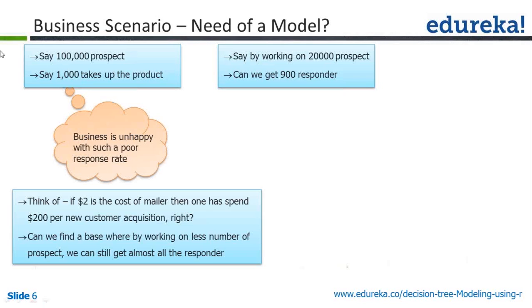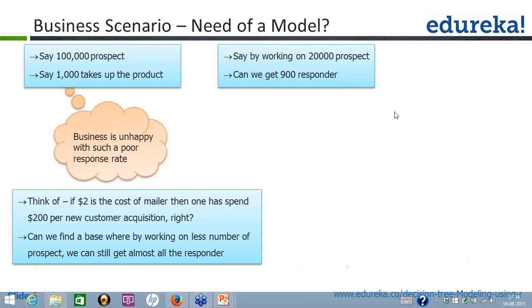So think of what we are saying: you sent your offers to 100,000 people and how many ultimately took it? Only 1,000, right? So it became extremely costly, $200, because you spent $200,000 just to get 1,000 customers.